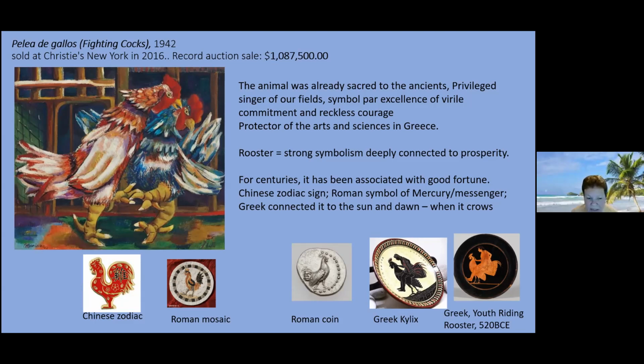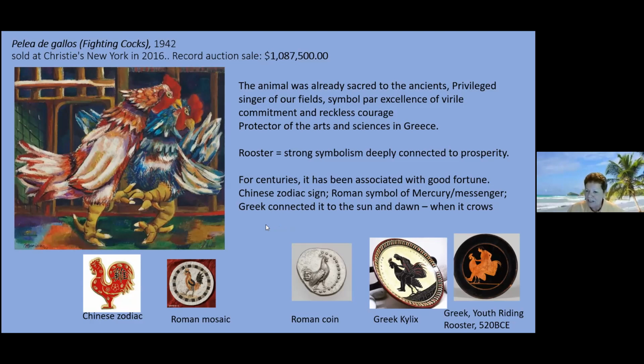So I pulled a couple of small images here just to show you some of the ancient symbolic images of the rooster, from the Chinese year of the rooster through Roman mosaics, a Roman coin, a Greek calyx, and a Greek plate that shows a youth riding the rooster. And this idea of riding the rooster is when the sun is coming up. So you're going into the light. So he's a very important animal.